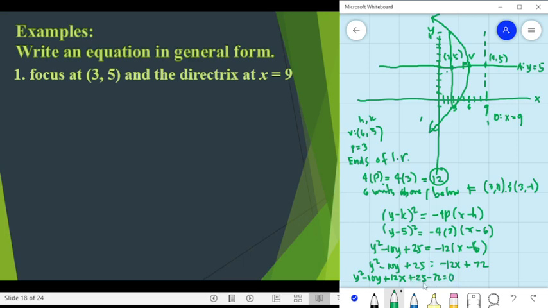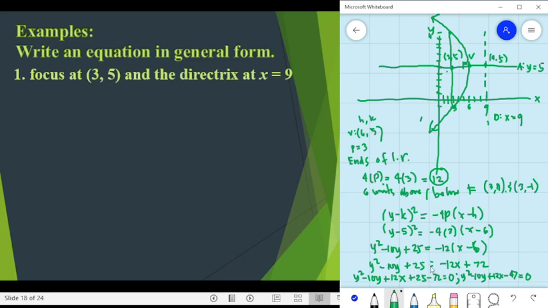Combining 25 and negative 72, the final statement would be y squared minus 10y plus 12x, then 25 minus 72 is equal to negative 47. We are going to subtract them since they have different signs, and we are going to copy the sign of 72 because it has greater absolute value compared to 25.